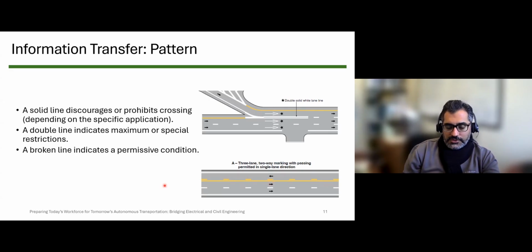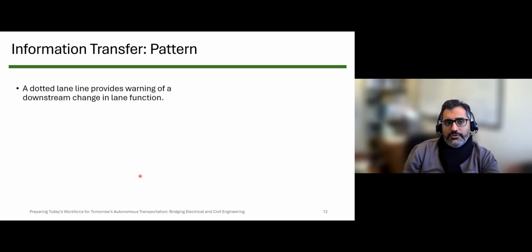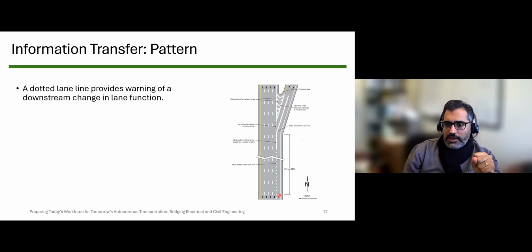Do we have other patterns? Yes. We have dotted lanes. If you're driving on a highway or a freeway and one lane is completely assigned to exit ramps, then from a distance, for example, this suggestion of MUTCD is in half a mile, we start these dotted line markings that are supposed to convey the message that this lane is exit only.